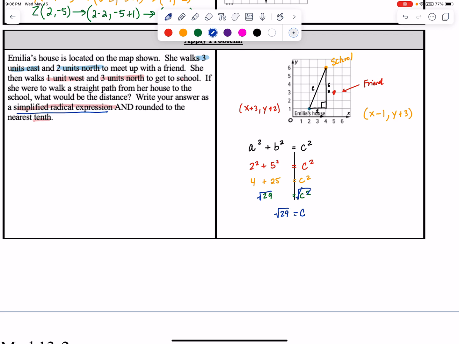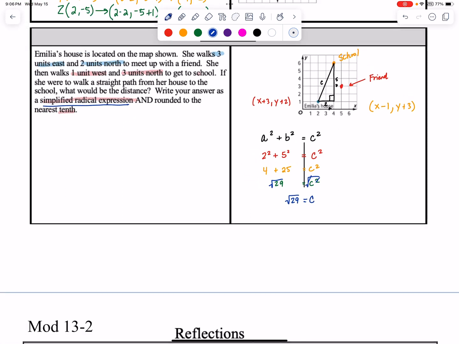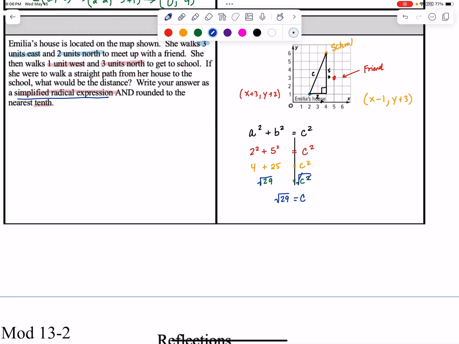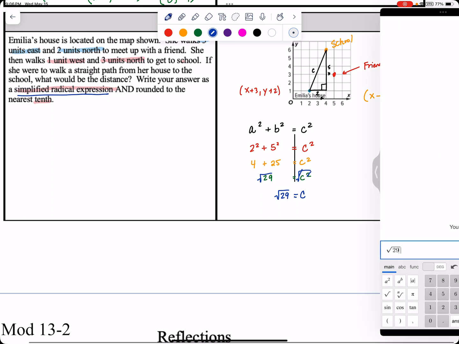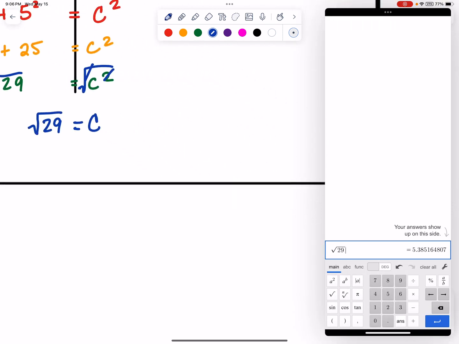And so we have that, but let's go ahead and leave it there, but also go ahead and write the rounded form. So it says write it as a simplified radical expression and rounded to the nearest tenth. So let's go ahead and take a peek at what that would be, rounded to the nearest tenth. We have c equals 5 point, and because of the 8, we have 5.4.